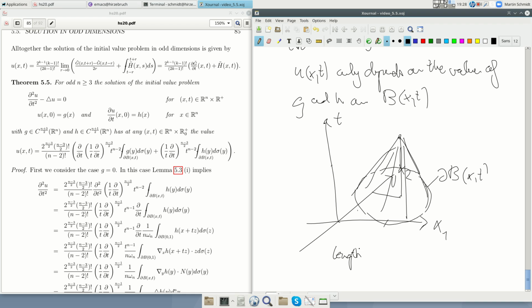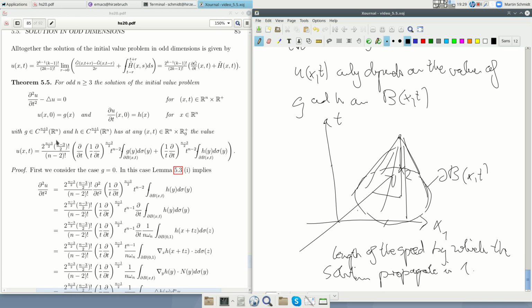So the length of the speed by which the solutions propagate is 1. The length of the speed is completely equal to 1.